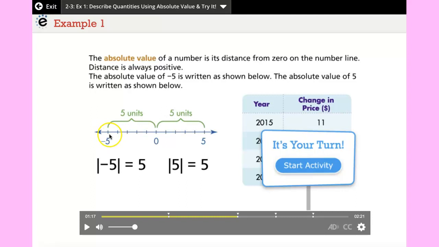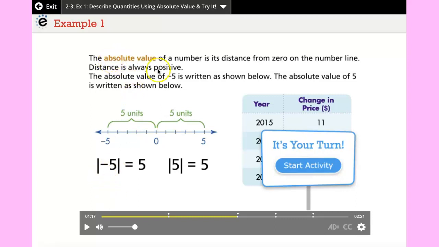Or you could say, I'm at negative 5 on the map. But usually we say, I'm 5 blocks away from my starting point on the west, but you have to describe them in terms of words, not in terms of the negativity.